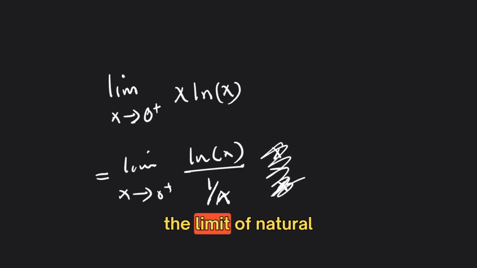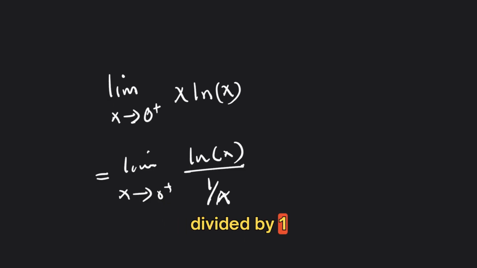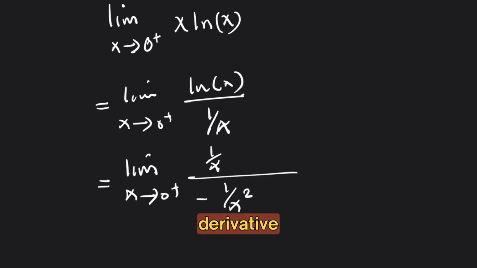Now that we have the limit of natural log of x divided by 1 over x, we can take the derivative of the numerator and the derivative of the denominator using L'Hopital's rule. The derivative of natural log of x is 1 over x, and the derivative of 1 over x is negative 1 over x squared.